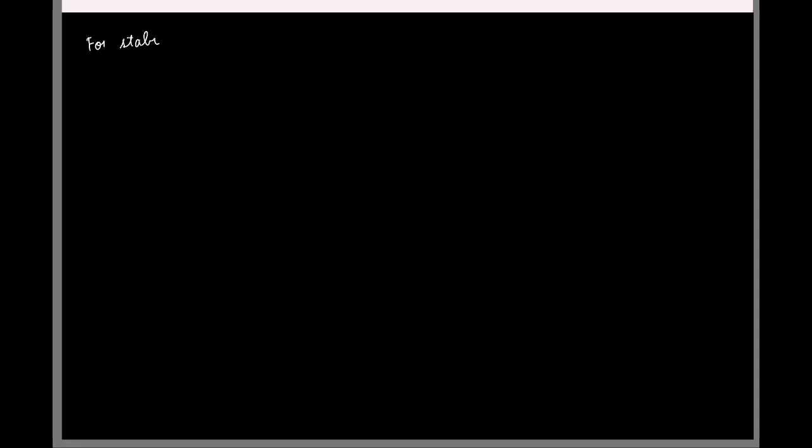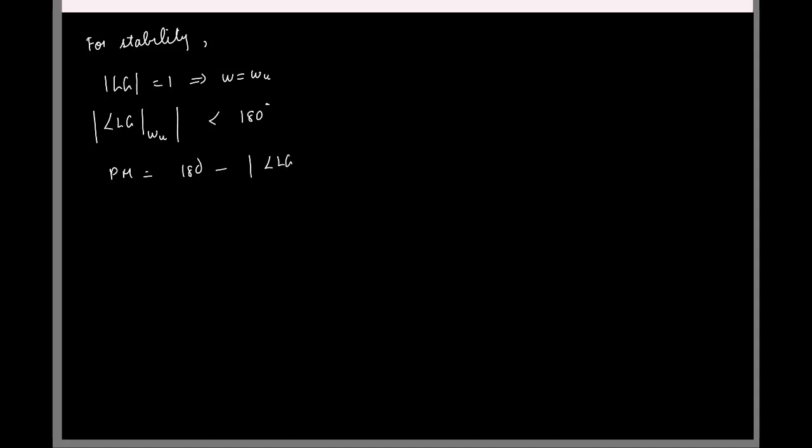For stability, I'll find the frequency where the loop gain becomes equal to 1, which corresponds to some omega equal to omega u, and the modulus of the phase at omega u must be less than 180. The phase margin is basically 180 minus this phase, and this has to be greater than 0. I'm sure you might have seen this before also, but that's the reason I'm making this point again.